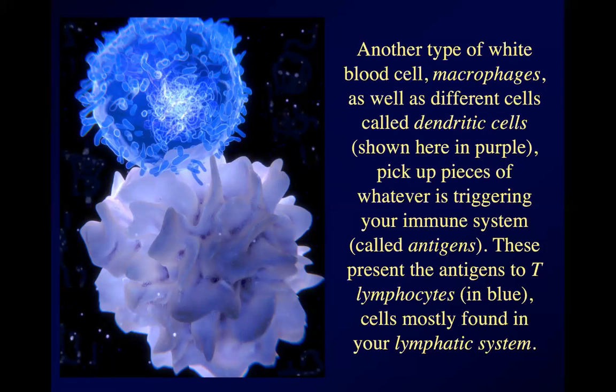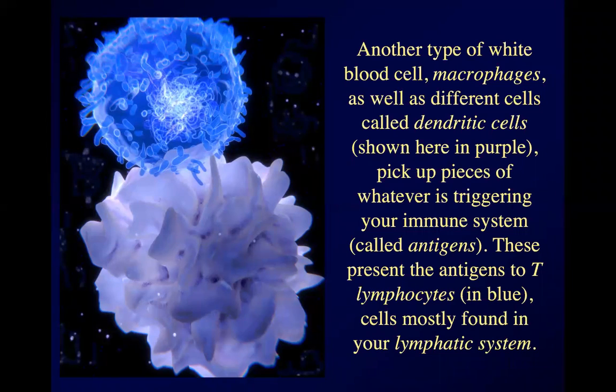And we're not going to go into this because of time, but there are different types of white blood cell that you can tell apart under the microscope. And you'll find some if you have a bacterial infection, and other types if you've got a parasite. So you can tell a bit about what kind of infection you've got by counting the number and types of leukocyte. But there's another type of white blood cell called a macrophage.